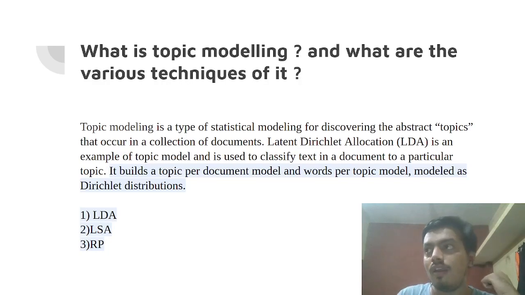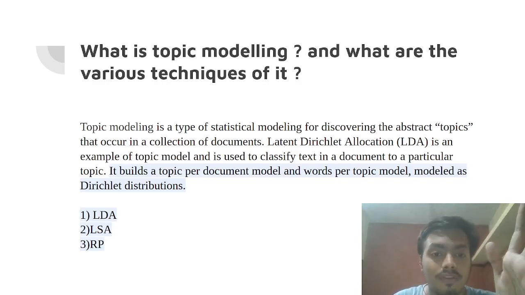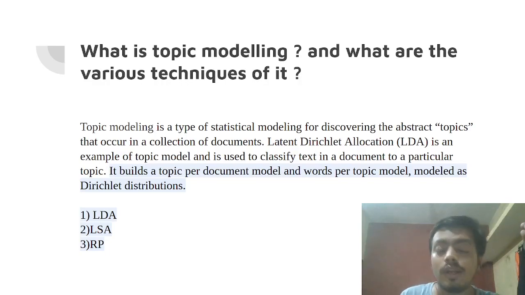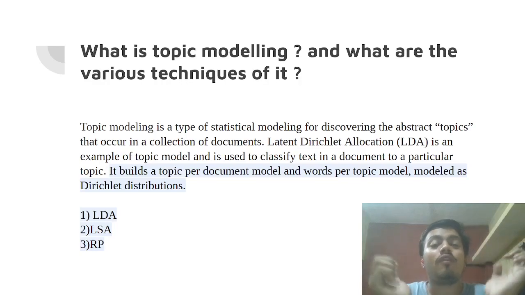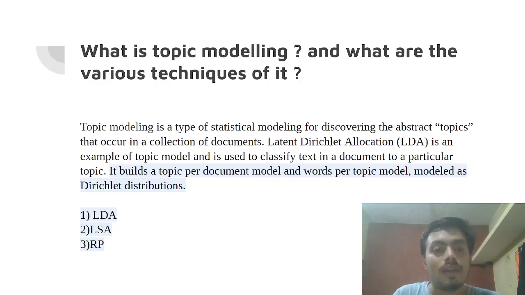In the last 3 years in India, due to COVID, the stock market crashed. That is a very important thing which should be detected, and such kind of topics which you will be detecting out of these corpuses is called topic modeling.